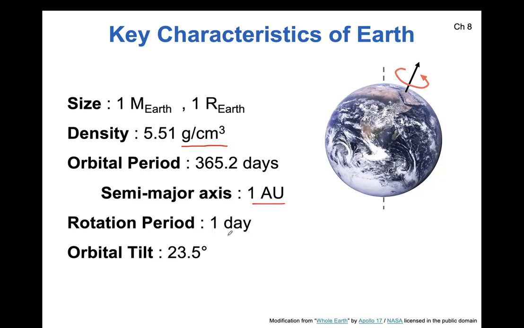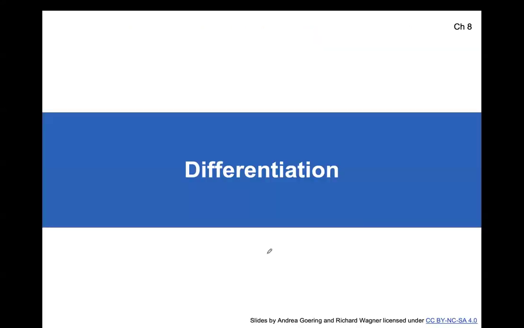That would be simply multiplying by 24 and then by 60 and by 60. But this is considered the rotation period, so we can compare our rotation period to that of the terrestrial planets or the Jovian planets. And as you know, we have an orbital tilt, a pretty significant one, at 23.5 degrees.